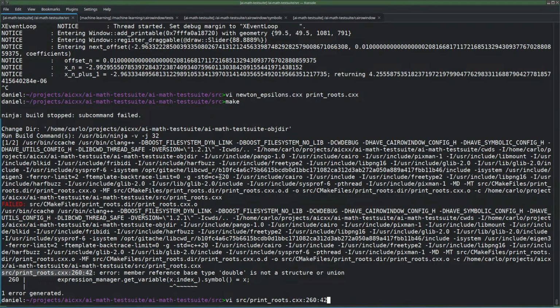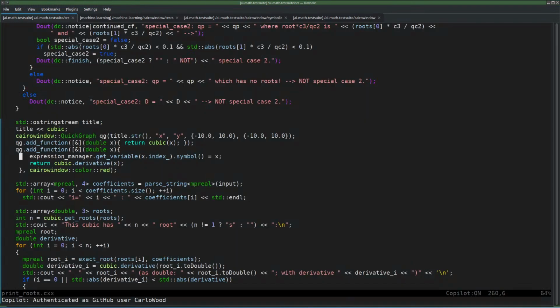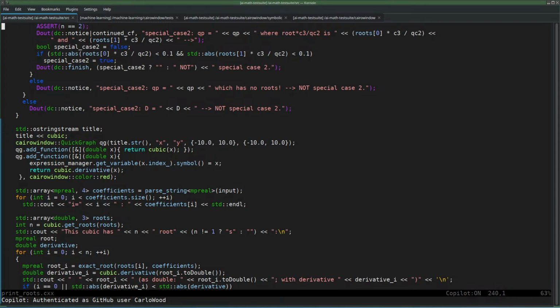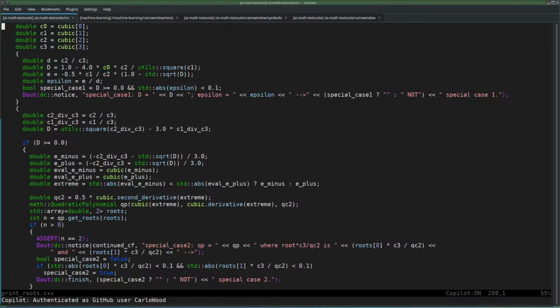Reference base type double, yeah. Whoopsies. We reuse the X here. The symbol shouldn't move anyway. So let's make an X symbol outside of everything.